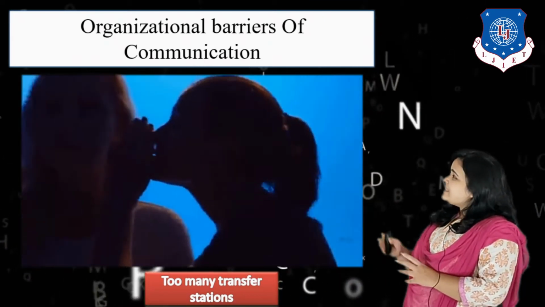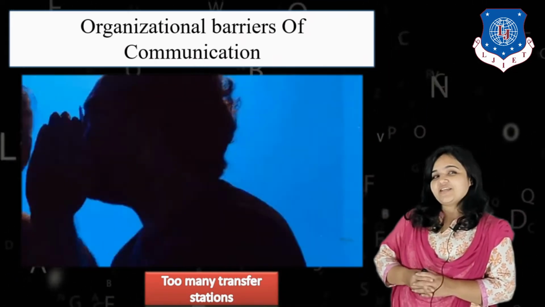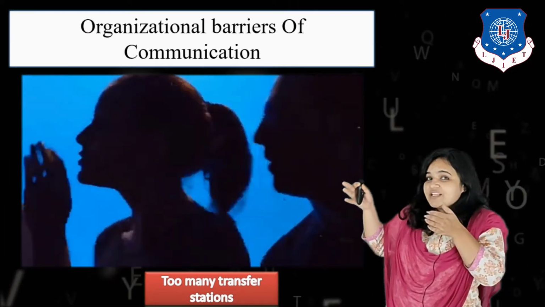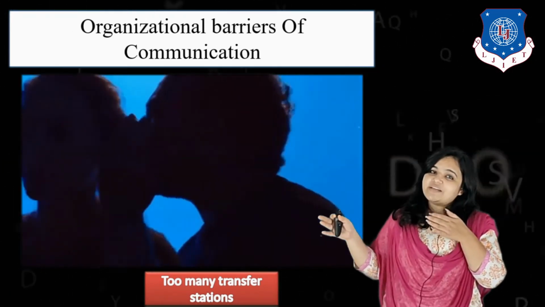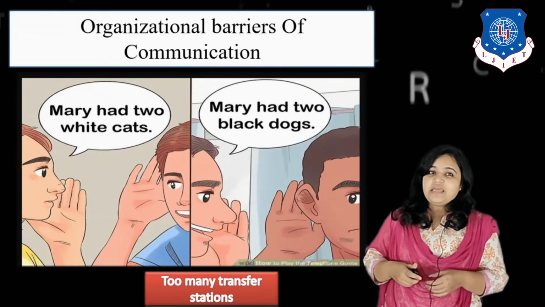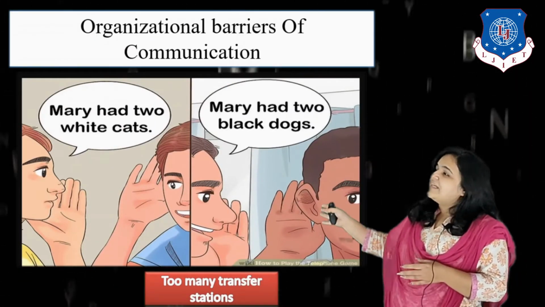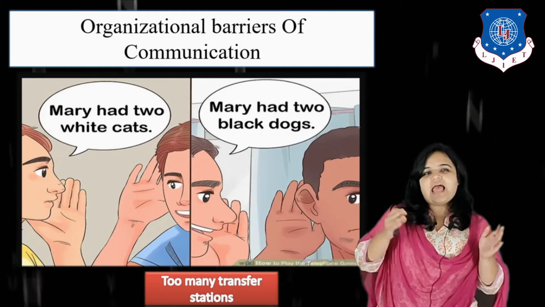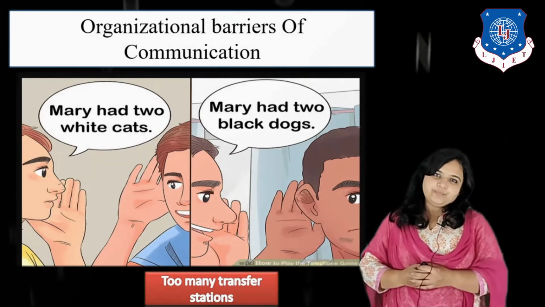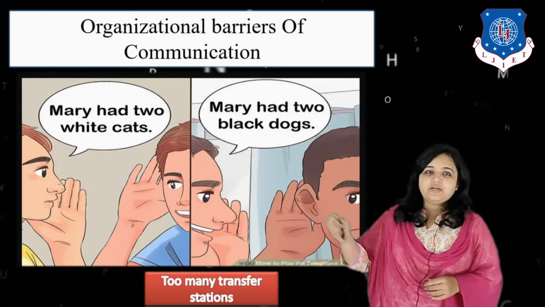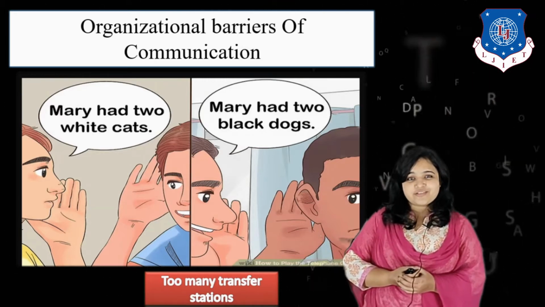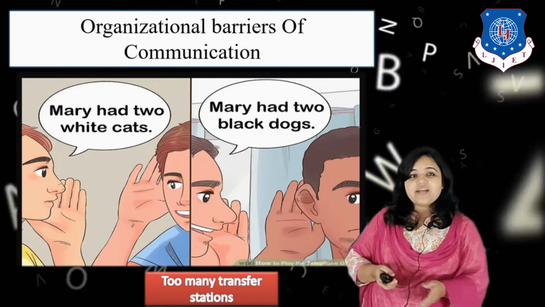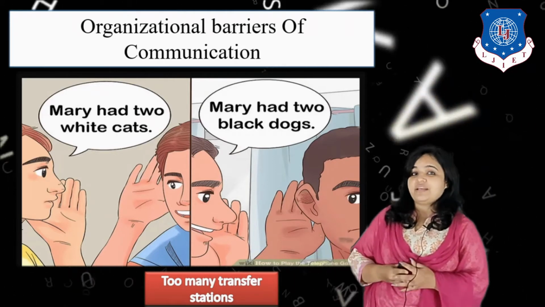So this game teaches us that if the number of transfer stations increases, the communication changes from the sender to receiver. It doesn't get transferred as it is intended to. Here he is trying to tell that Mary had 2 white cats, but it is transferred as Mary had 2 black dogs.